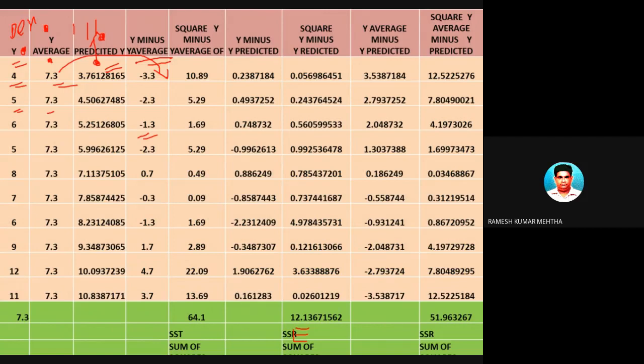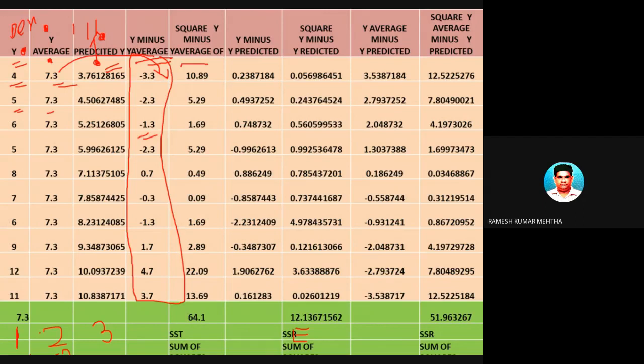So this column is y minus y average. Please remember, this is the first column, this is the second column, and the third column. What I did was subtract column 2 from column 1, so I get y minus y average.